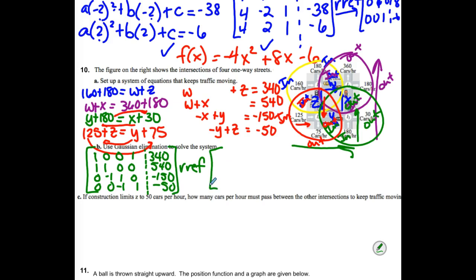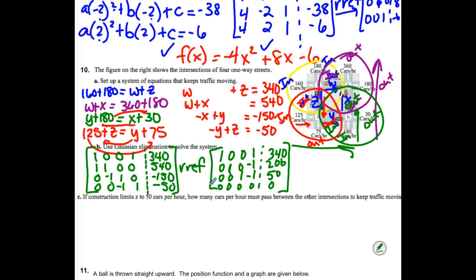All right, looking at what you should have gotten. All right, so the bottom row being all zeros tells me what? There's infinitely many solutions to this, yes? The solution for part B here is going to just have expressions in it, okay?